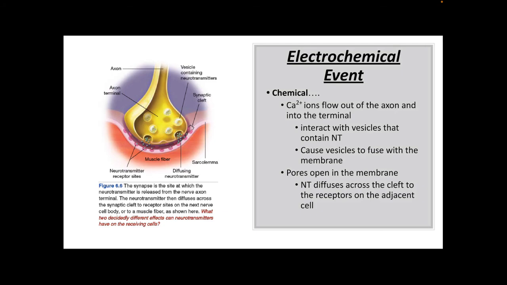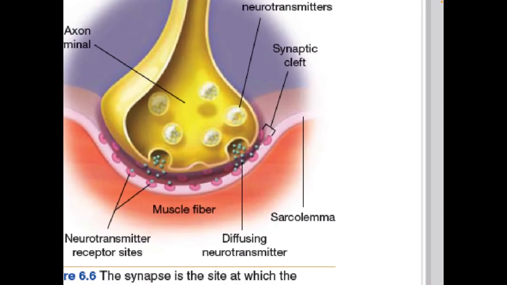Those vesicles are going to fuse with the membrane at the bottom of the axon terminal, which you can see here. The vesicles are these little bubble-looking things. When the calcium ions come in, the vesicles go to the bottom of the axon terminal, fuse with the membrane, and release what look like little turquoise substances, which are the neurotransmitters.